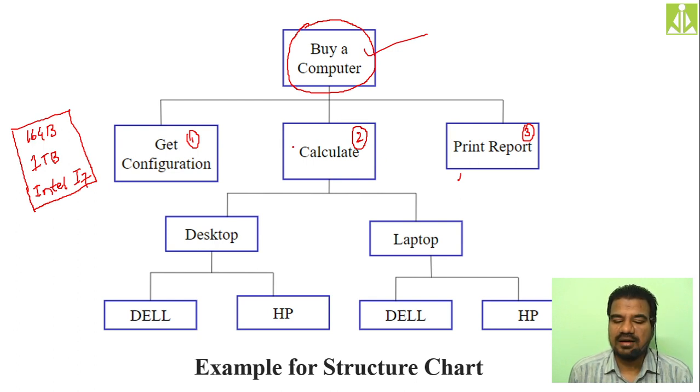So based on the calculation and the configuration, we can buy a computer. Buying a computer and getting it home is our solution. In this way we can do the planning with the help of a structure chart: how we can develop the solution, we can plan in this way. So this is a simple example of a structure chart.